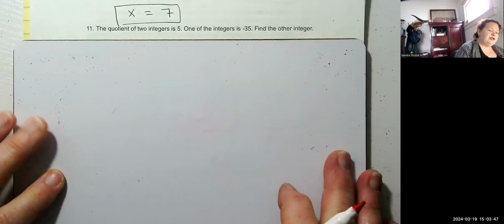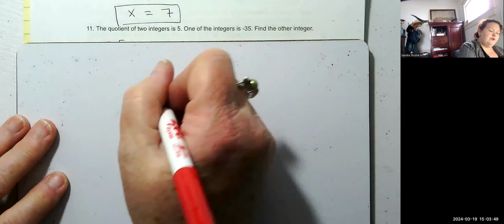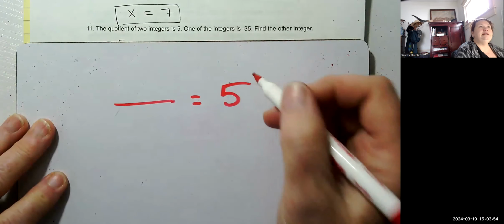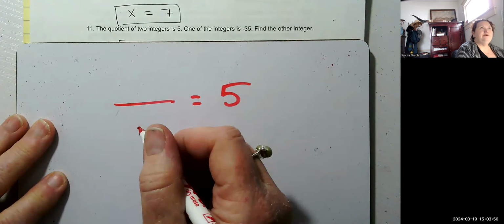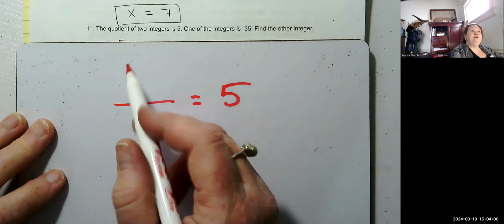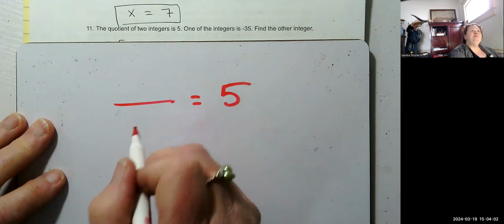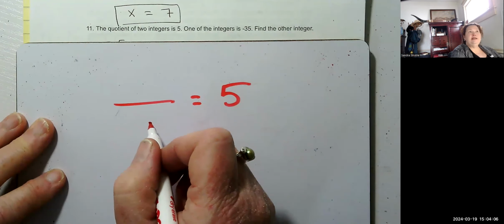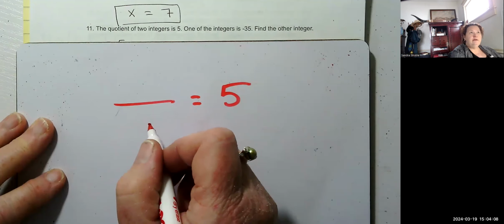The quotient of 2 integers is 5. And one of the integers is negative 35. Find the other integer. Well, there's a couple different ways you can do this. We could put negative 35 up here, or we could put negative 35 down here. Either way, you're going to get 2 different answers, which is fine.